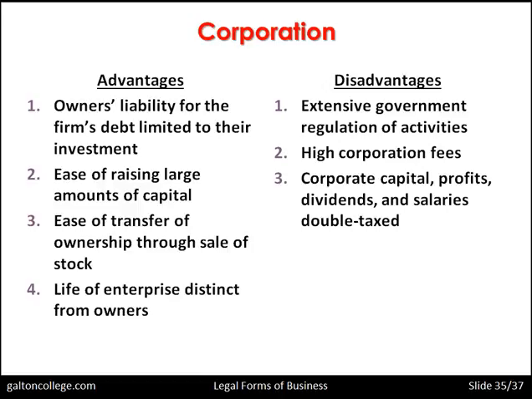Corporate capital, profits, dividends and salaries tend to be, well, they're double taxed in the sense that the company may pay tax on, let's say, its profits, and then issue dividends to its shareholders, who then have to pay a private tax on top of that.